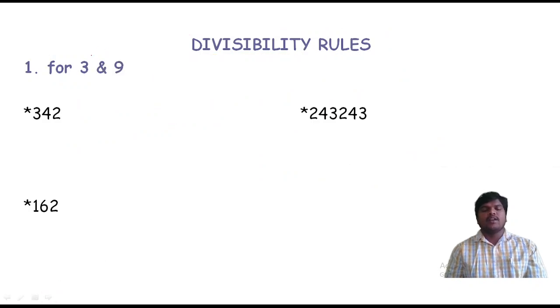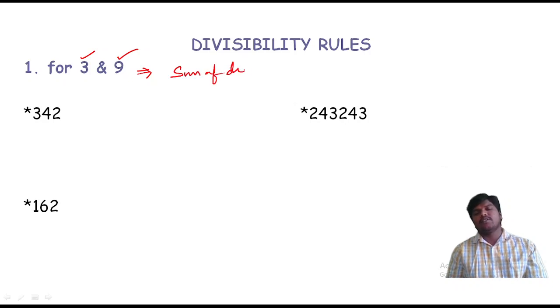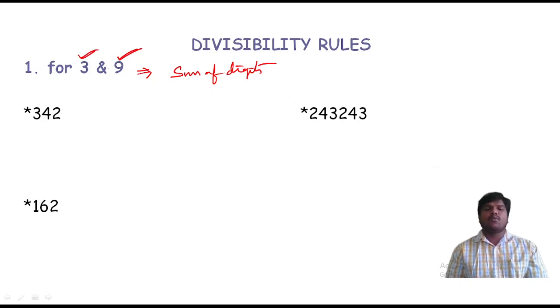And now for 3 and 9. If any number is divisible by 3 or 9, it satisfies the rule of the sum of digits. If the sum of digits is divisible by 3 or 9, the whole number is exactly divisible by 3 or 9. Let us check 342.